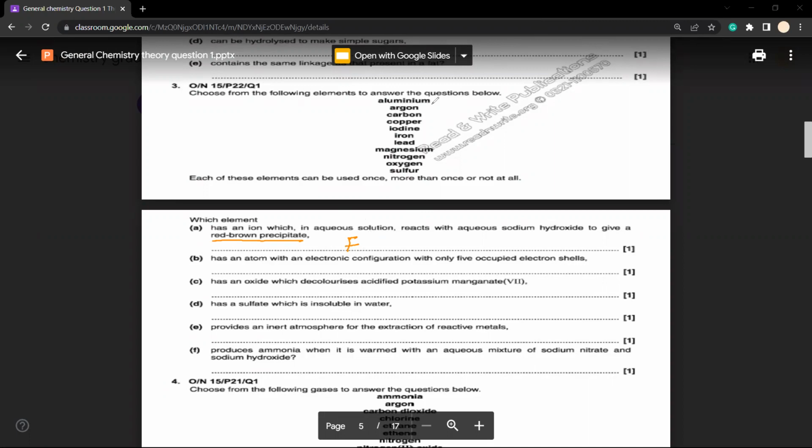Let's see the options. We have aluminum, argon, carbon, copper, iodine, iron. Copper cannot be it, because copper as a metal is basically reddish brown.